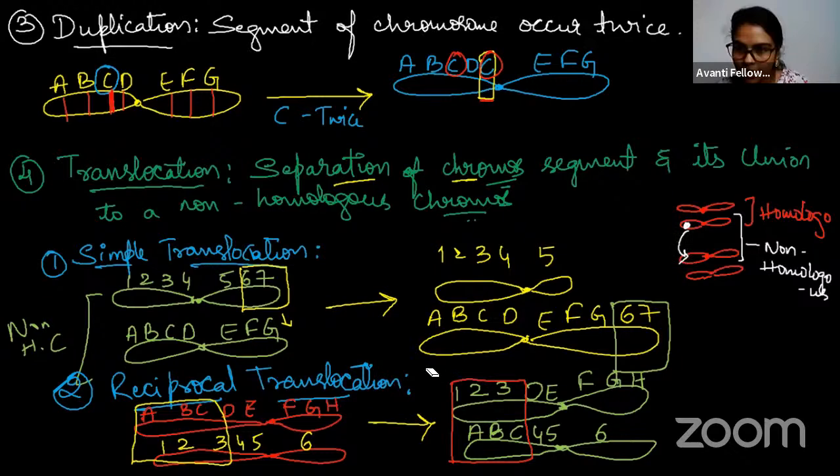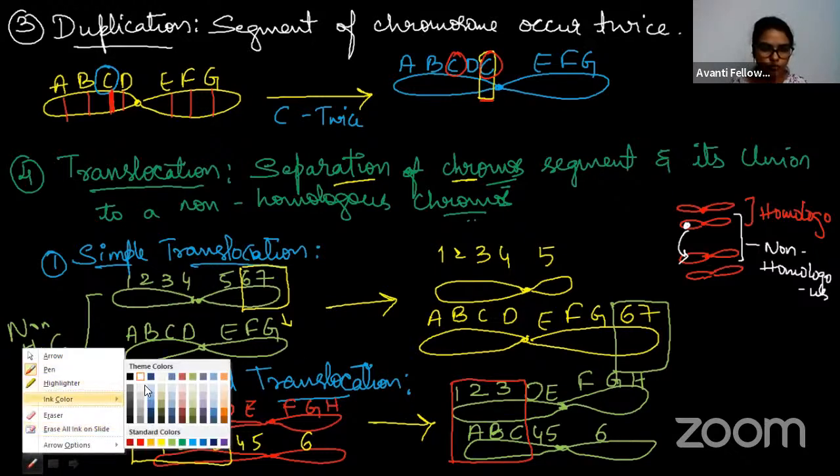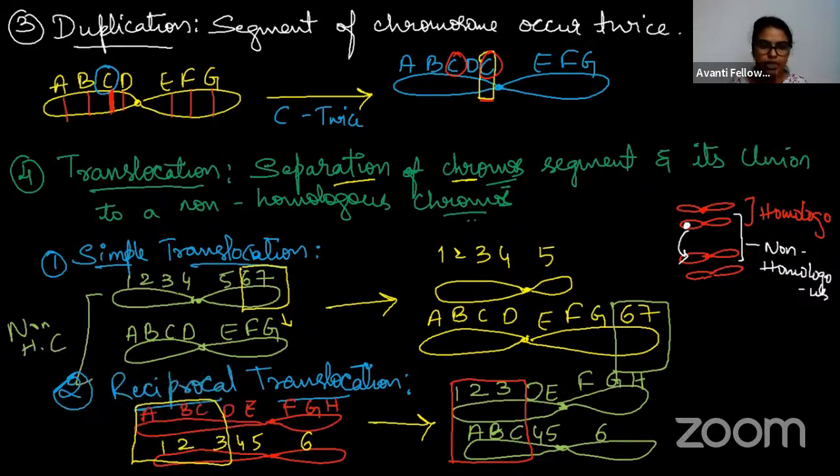ठीक है, तो इसके भी दो टाइप्स हैं बेटा. The first type is simple translocation and the second type is reciprocal translocation. In simple translocation, you can see here, this is one chromosome and this is a second chromosome. These are non-homologous. You need not worry about the arrangement.